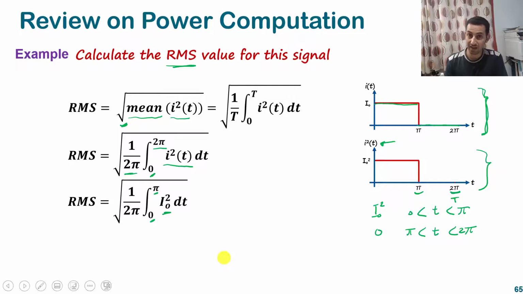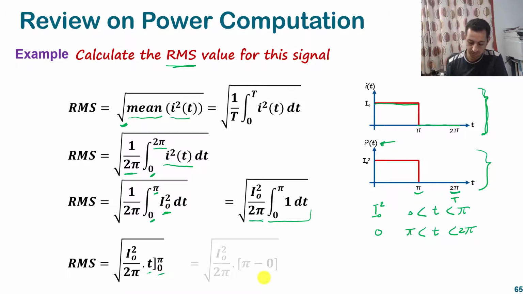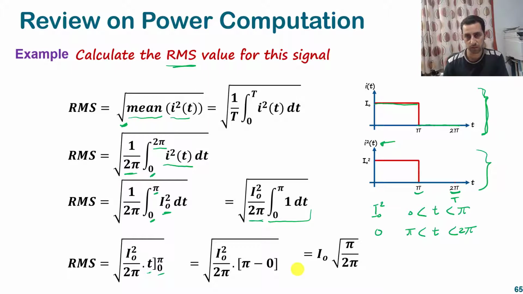Now the integration will be just from 0 to pi for I naught squared. Because I naught squared is constant, I can take it outside, and it will look like this: I naught squared divided by 2 pi, and the integration will be just for 1, and the integration of 1 is t. After integrating, we evaluate from 0 to pi, and after recalculating the values, I will get I naught squared multiplied by pi over 2 pi.